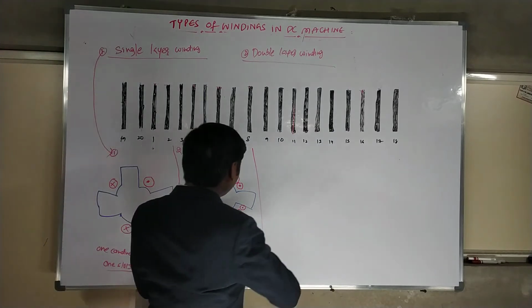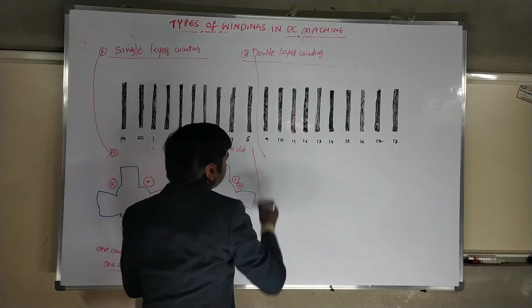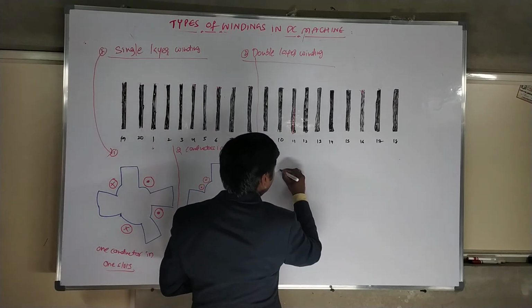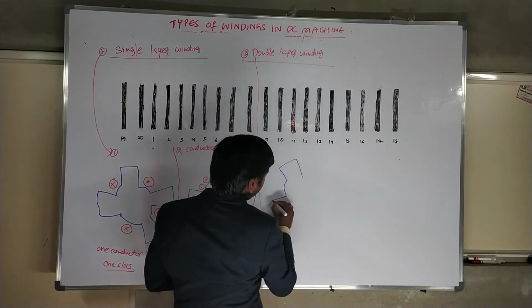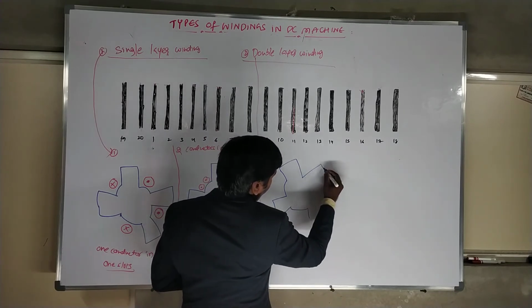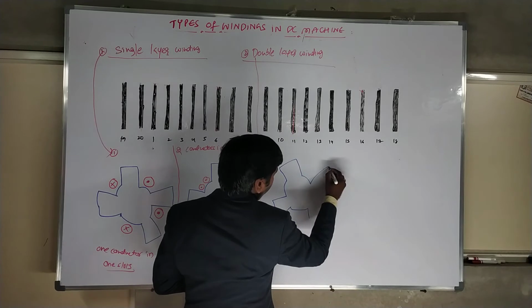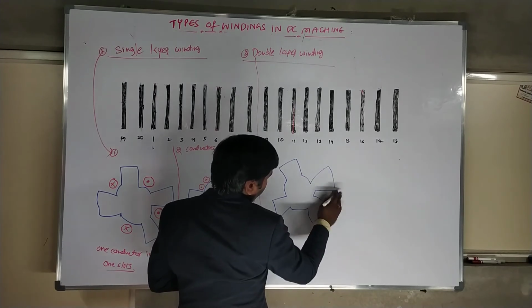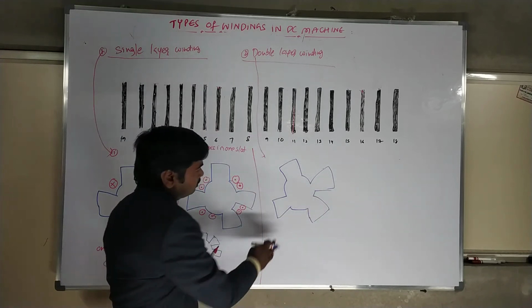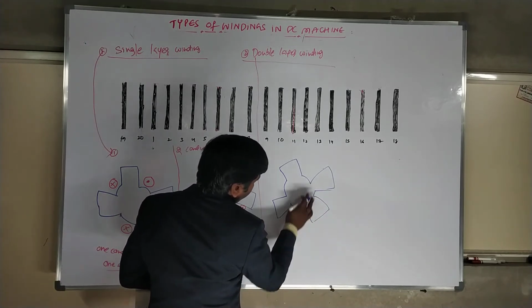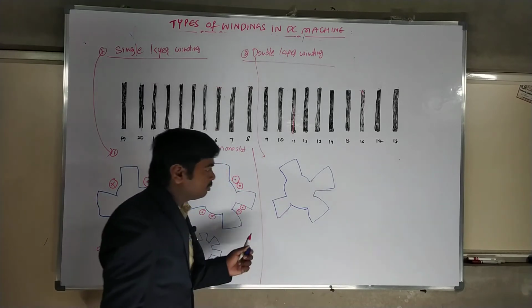Then come to the double layer winding. Here the concentration is important, please look carefully at how things are going to happen. Let us say your slots are like this; don't think it's circular.